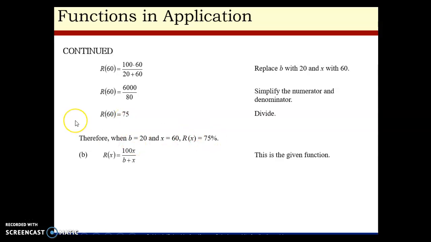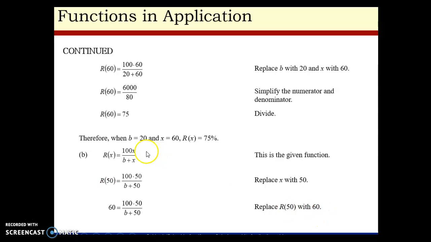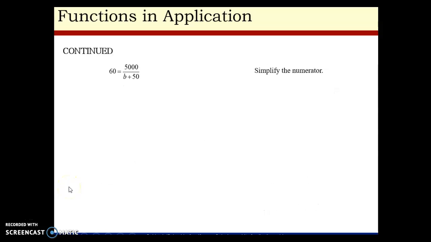So they're going to give you different approximations. So replace x with 50. Replace r of 50 with 60, which is what you got right here. Simplify the numerator, because now we want to solve for b.